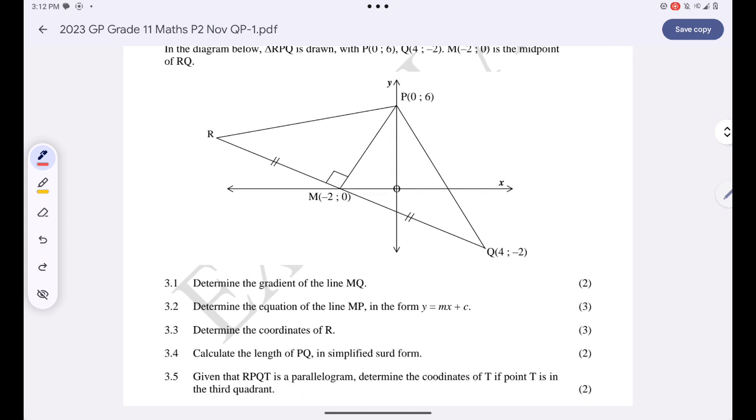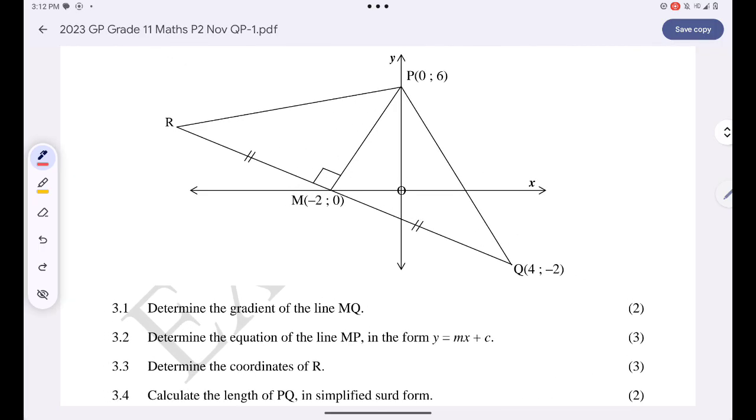The first question they want us to answer is to determine the gradient of line MQ. We have 2 points there, so we are simply going to use our average gradient formula. The gradient of line MQ is y2 minus y1 over x2 minus x1, right?